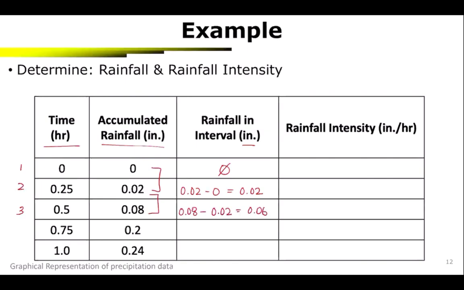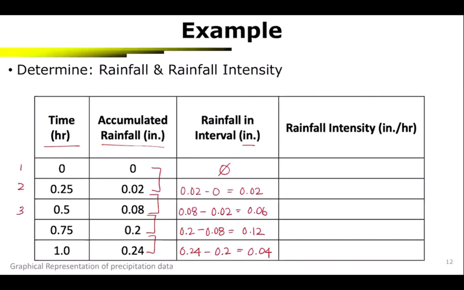We do this again, 0.2 minus 0.08, 0.12 inches, and then 0.24 minus 0.2, which is 0.04. And so what this third column is telling us is how much rain did we experience in each time step.